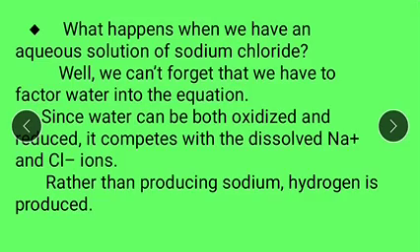Here we cannot forget to factor water into the equation, since water can be both oxidized and reduced. It competes with the dissolved Na plus and Cl minus ions. Rather than producing sodium, hydrogen is produced.